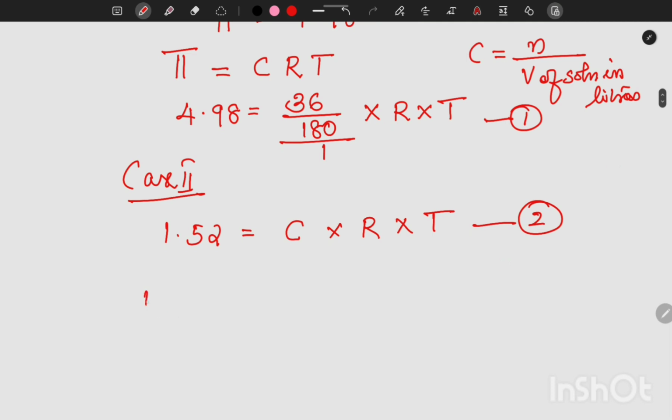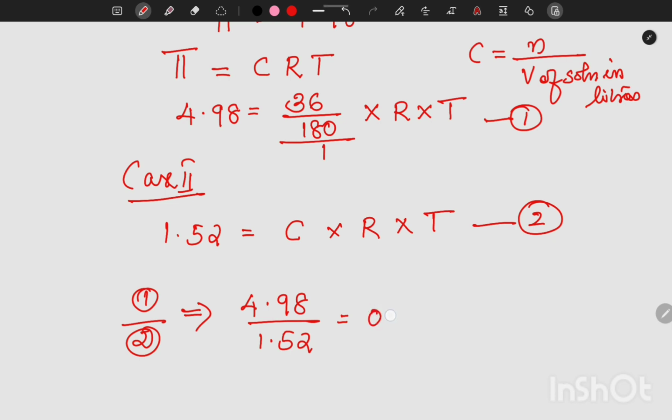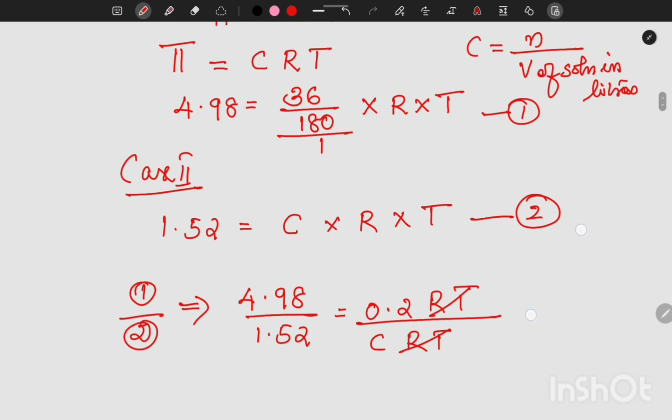Now equation 1 by equation 2: 4.98 divided by 1.52 is equal to 36 by 180, that is 1 by 5, that is equal to 0.2, times RT divided by CRT. Now RT and RT we can cancel.